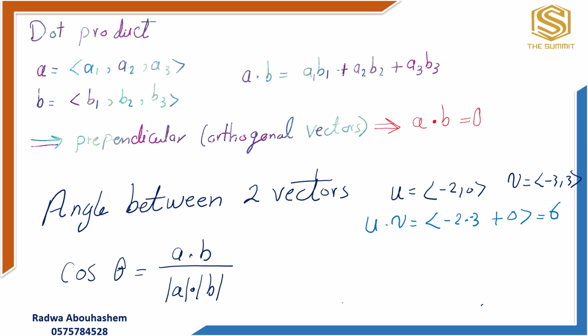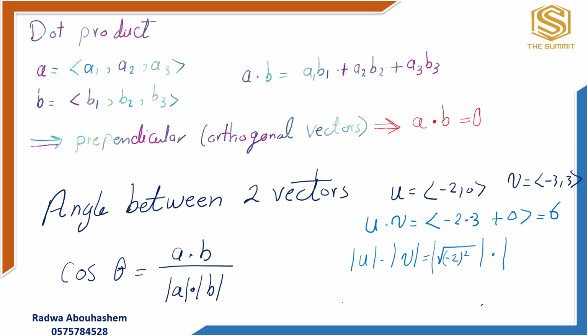Then let's get the magnitude. I'll get the magnitude first. For U, it would be the square root of negative 2 power 2. Of course, no need to put the 0.